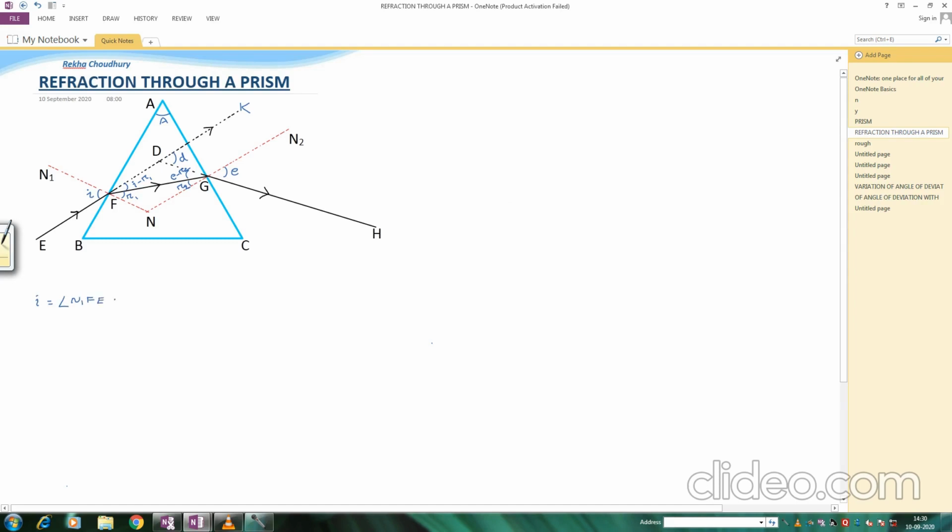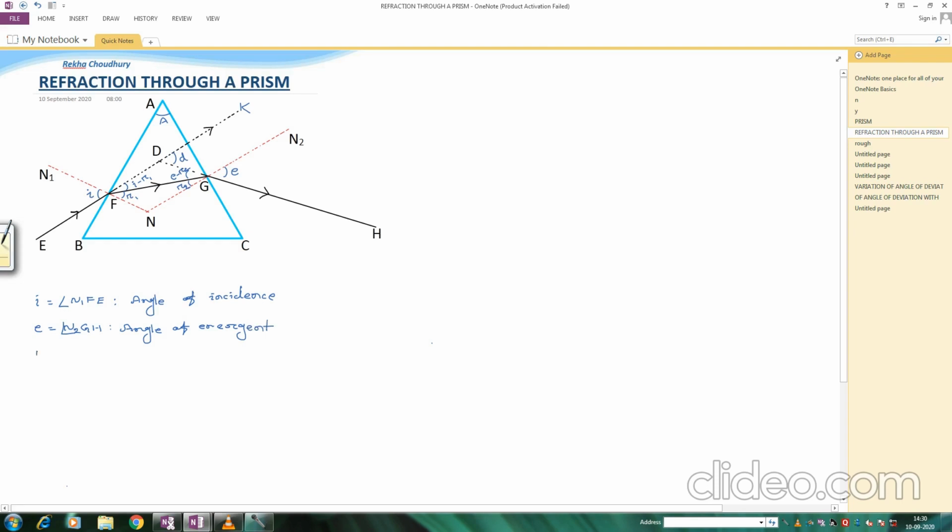E is the angle of emergence, that is N2GH. This is the angle of refraction for the refraction at the second face.